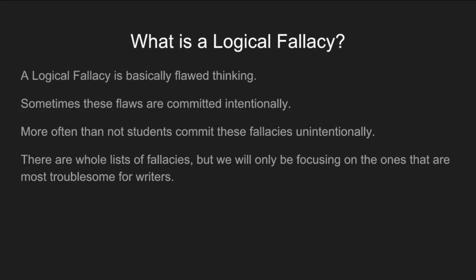So it's when something went wrong in the chain of events to prove an argument. Sometimes these flaws are committed intentionally, but more often than not students do these fallacies unintentionally. So it's much like the plagiarism video, where there's an intentional plagiarism where you do it on purpose, but more often than not students are doing these things unintentionally and they're doing them on accident.